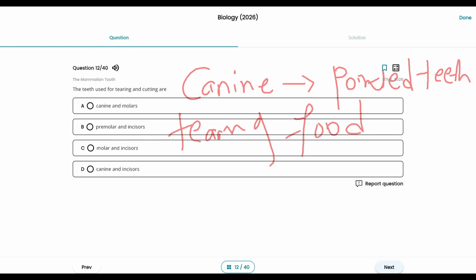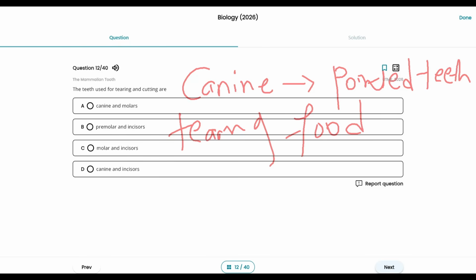If you look at carnivorous animals, you realize that they use more of their canine, like dogs, like lions, and other carnivorous animals, because they basically tear meat.